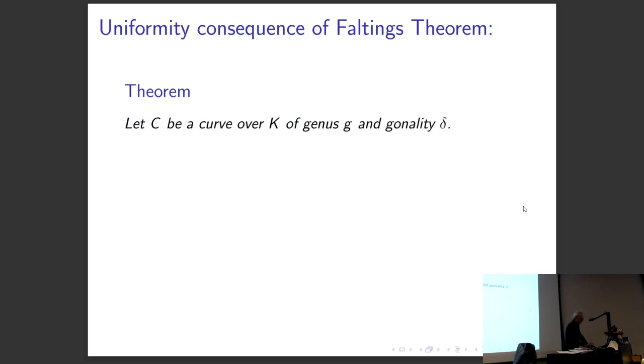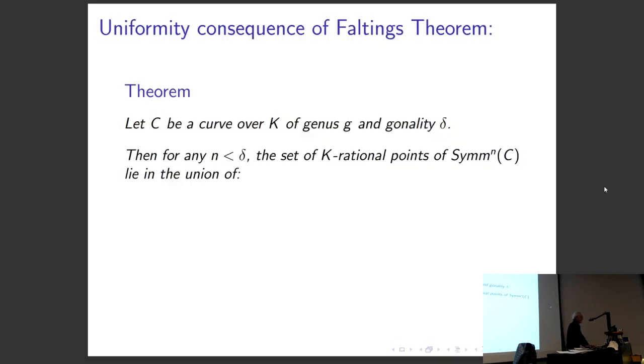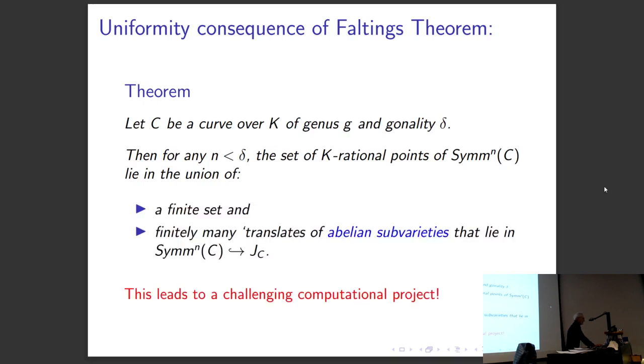So now I'll, so to speak, restate the uniformity consequences of Faltings' theorem. So I have a curve of genus g, gonality delta. For any n less than delta, the set of k-rational points of that symmetric nth power lies in the union of a finite set and finitely many translates of abelian subvarieties that lie in it. So as I say at the bottom, this leads to a challenging computational project.